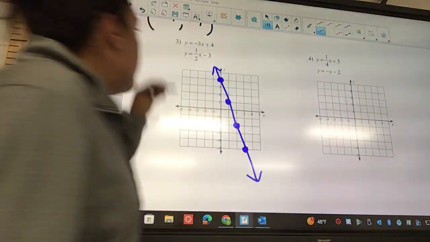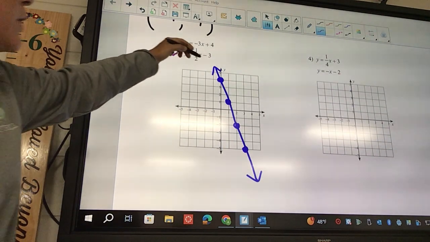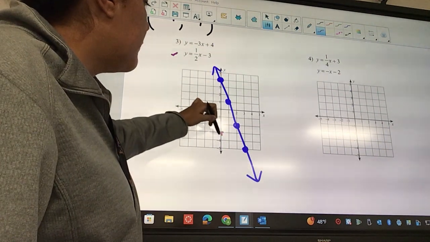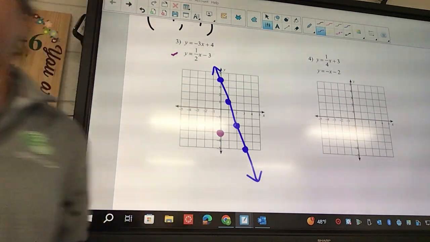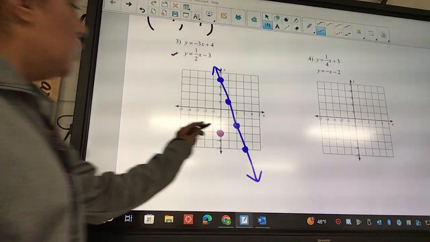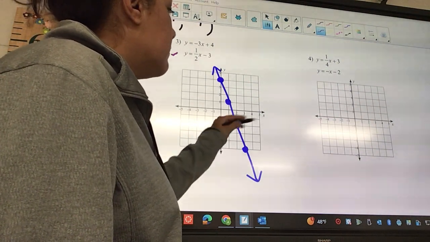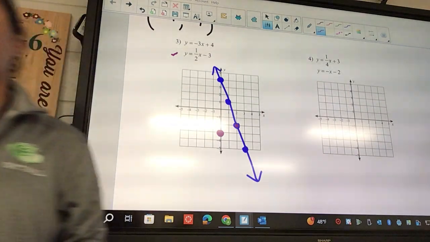Okay, line 2, where does line 2 start out at? -3, so go to the y line and find your -3 and put a dot. What is the slope? 1/2, so we're going to go up 1, over 2, which way? To the left. And again, you can clearly see if you go over 2 that way, it is going to intersect.